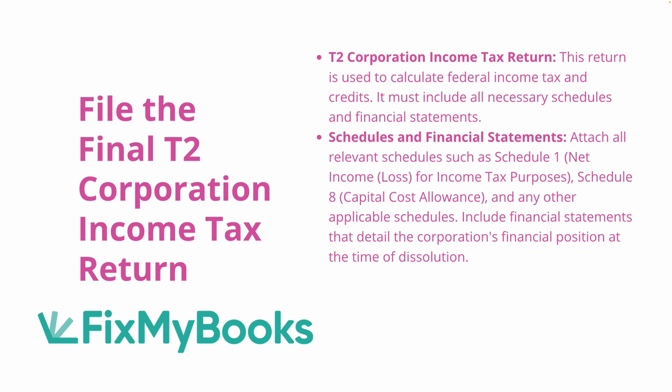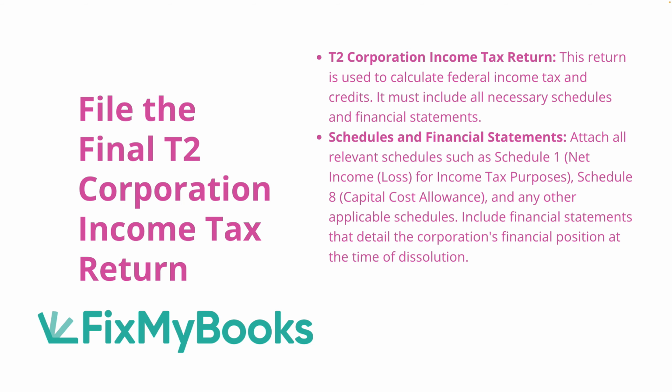Obviously you have to file the final T2 corporate income tax return. This will calculate your federal income tax and credits, and say how much income tax you owe at the end of your final year, or if you have a net loss.